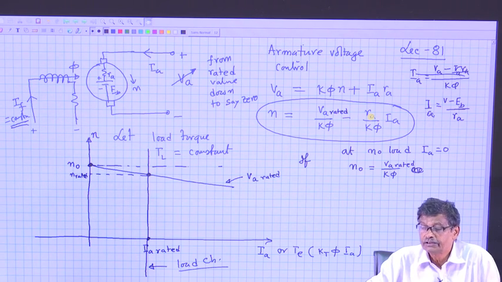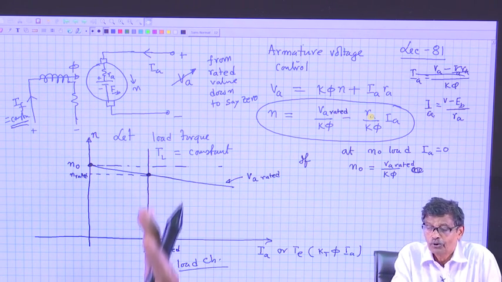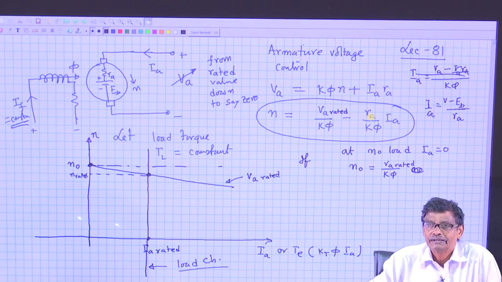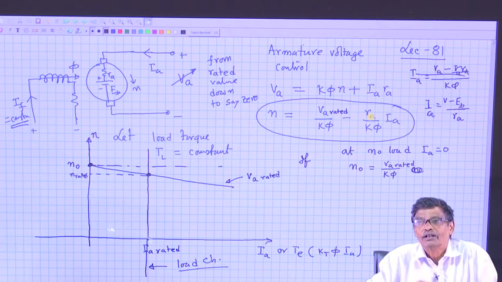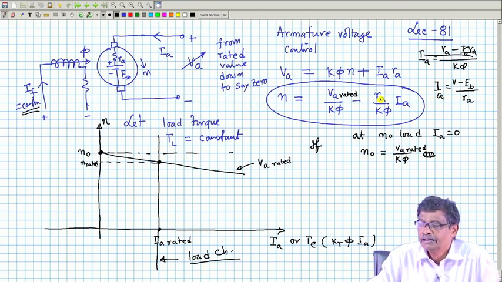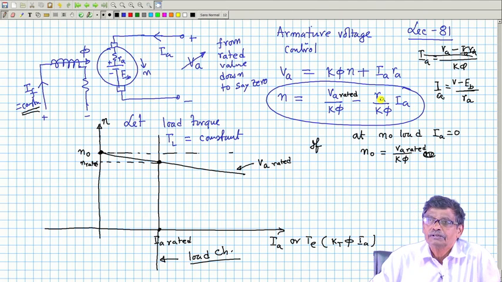If electromagnetic torque decreases, but I have assumed load torque is constant, therefore load torque will exceed the electromagnetic torque, and these two act in opposition. So, speed will fall. Will speed fall indefinitely?